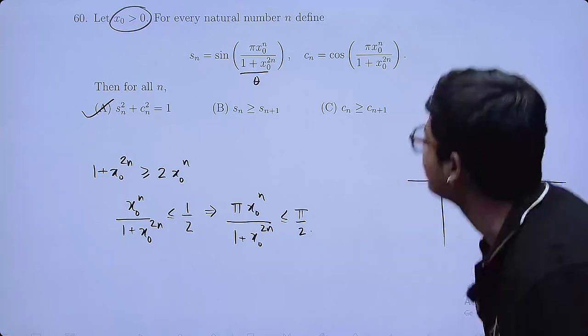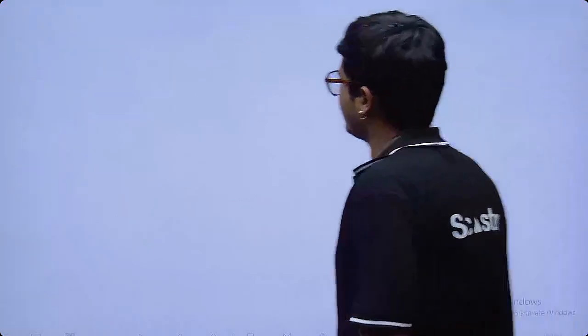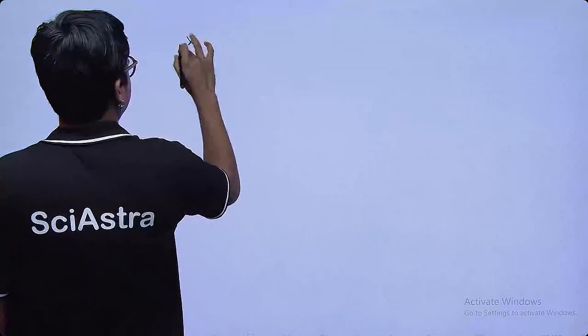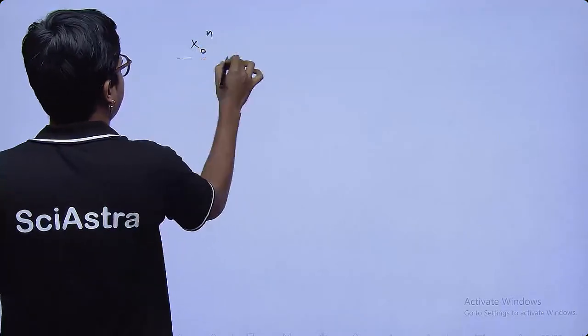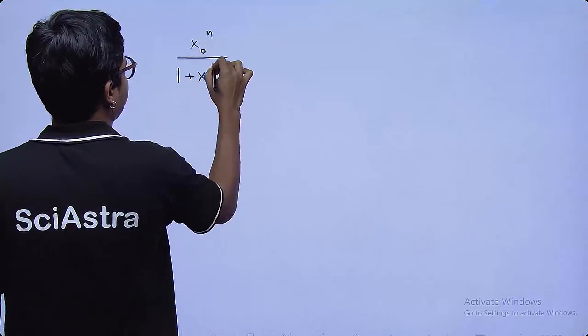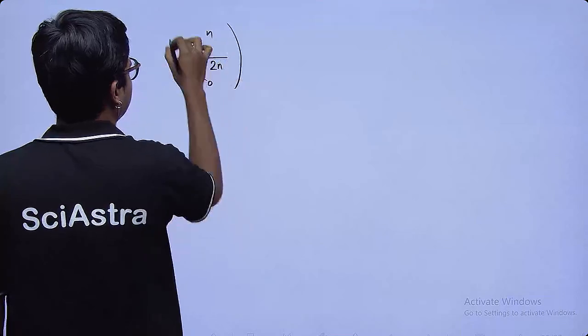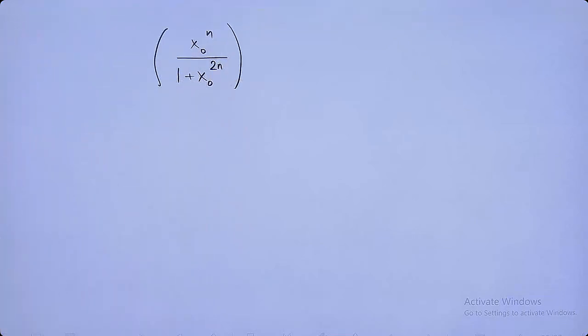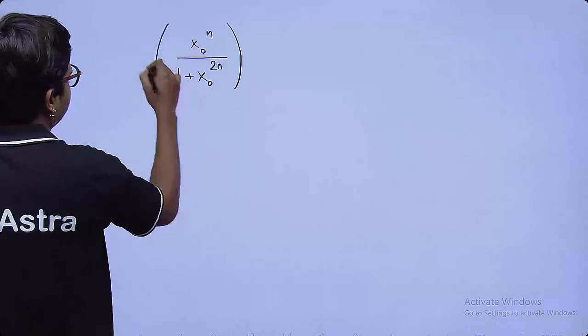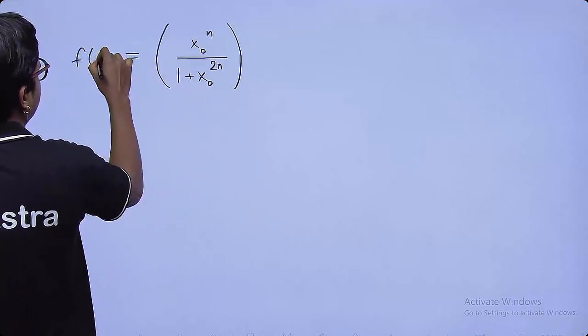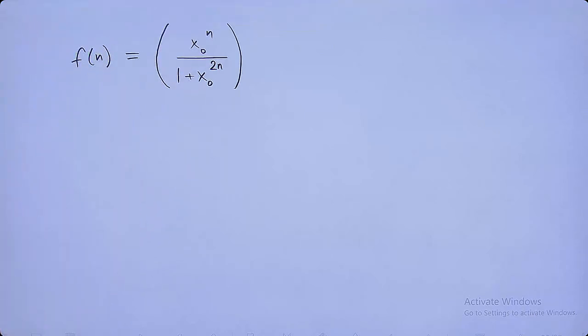If you look at this angle, pi is a constant, forget about it. So x naught power n by 1 plus x naught power 2n. If I call this a function of n, can I check whether this function is increasing or decreasing?